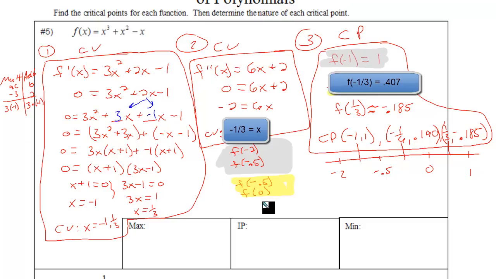And then lastly, f of 0 and f of 1. For this, we're comparing these numbers to the green ordered pair you see there.